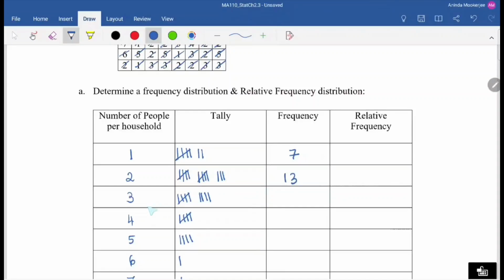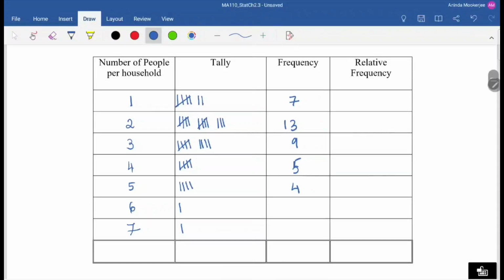Then for number of people per household 3, we have 5 plus 4, 9 responses. Number of people of 4 has 5 responses. Then we have 4 for 5, so I'm writing 4, and then 1 each for 6 and 7.